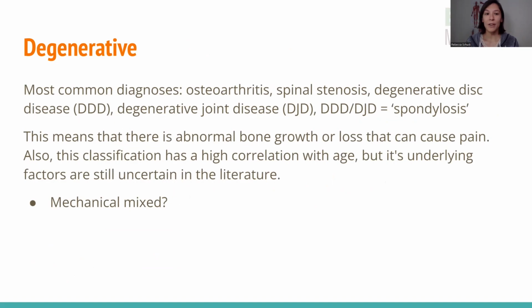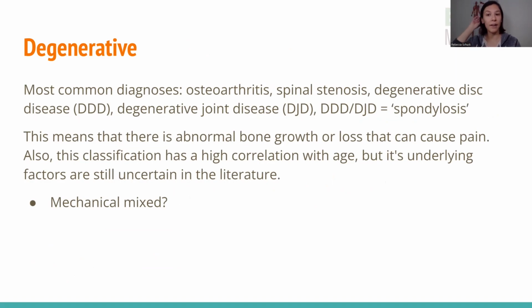So the second classification is degenerative, and this encompasses diagnoses like osteoarthritis, spinal stenosis, and degenerative disc and joint diseases, which is called spondylosis. And this just means that there's an abnormal growth or loss that is causing your pain.